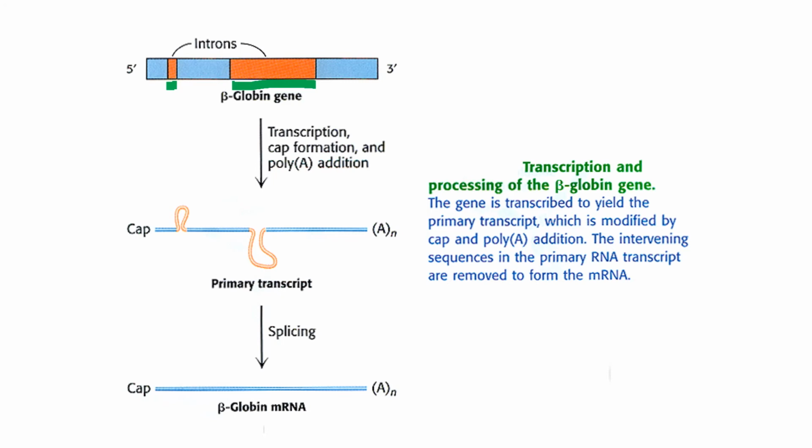So here we have the primary mRNA, it's been capped, it's got its poly A tail, and now we're going to excise those introns. There is looping, there is splicing, the excision of those, and then the mature mRNA is produced.